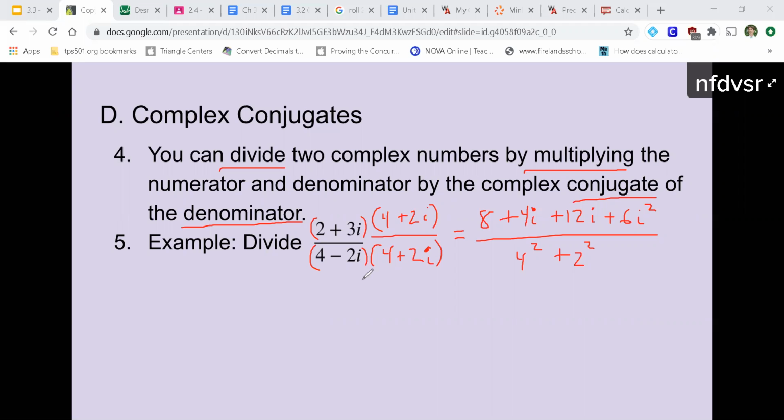All right, then I want to simplify this. In the numerator, remember i squared is -1, so this is really -6. 8 minus 6 is 2. 4i plus 12i is 16i. 16 plus 4 is 20.